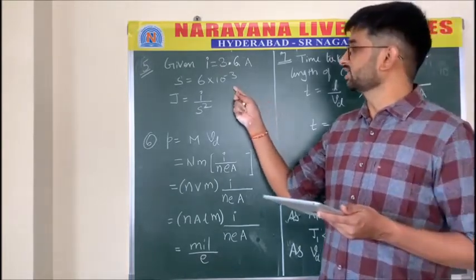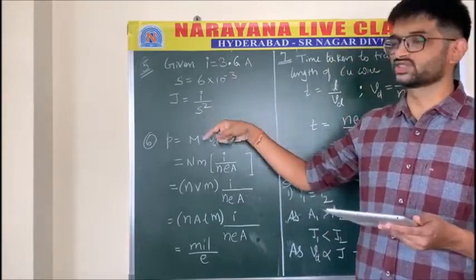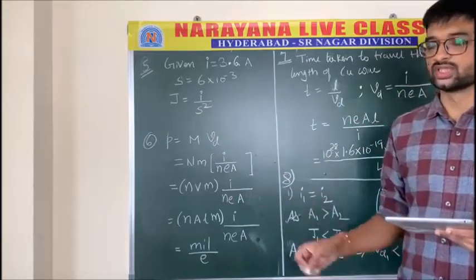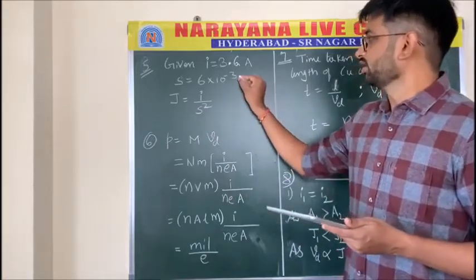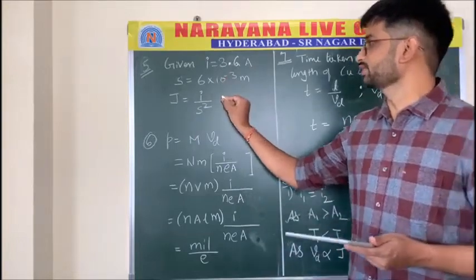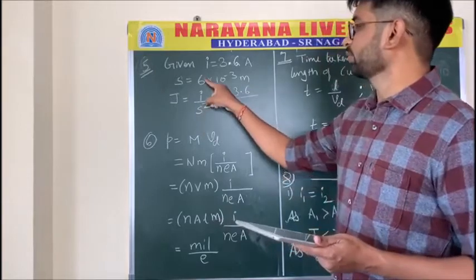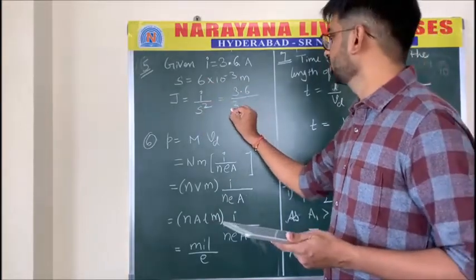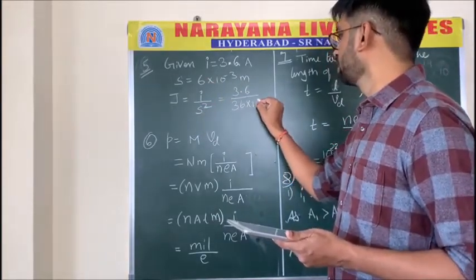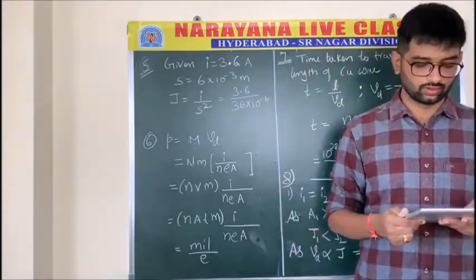So the magnitude of current density, we know, is I by S squared, where S is the side. This is in meter, and current density is 3.6 divided by side square, that is area, which will be 36 into 10 to the power of minus 6. This will give you the required answer.